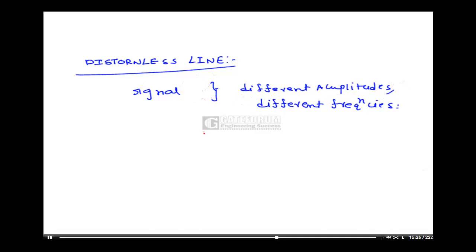Suppose frequency F has some amplitude A, and 2F frequency has some amplitude 2A. While transmitting, these amplitudes are attenuated differently, generally in a lossy line, because in a lossy line the attenuation constant alpha is frequency dependent.